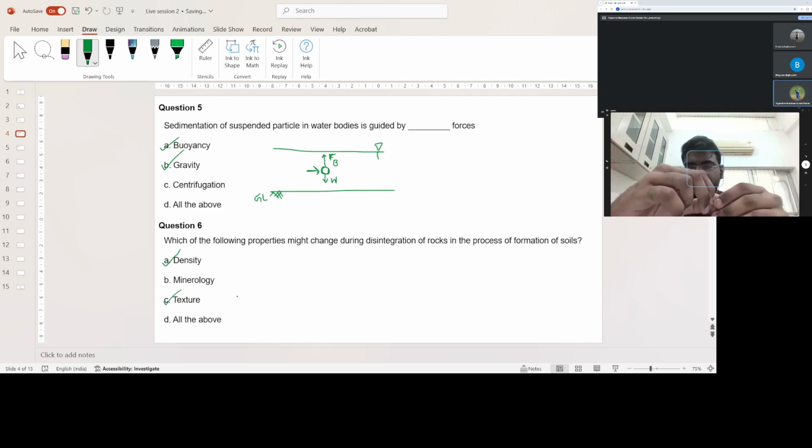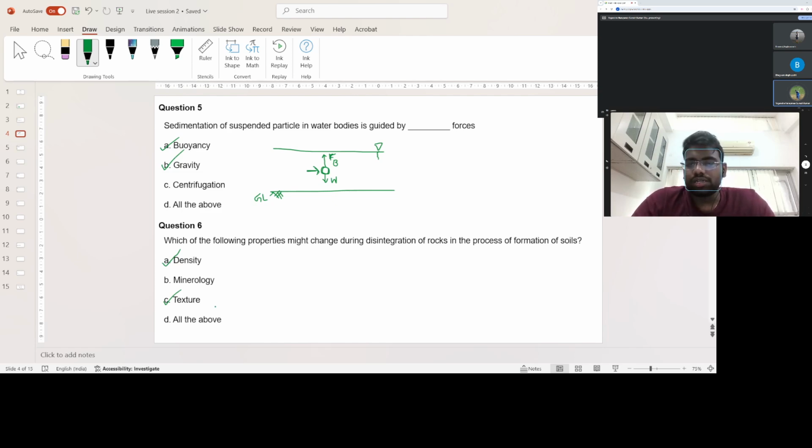Can you say why? Yeah, because disintegration means forming smaller parts. So the smaller part will have a different density from a larger particle, and the texture will also be different, in a new proportion of particle size.